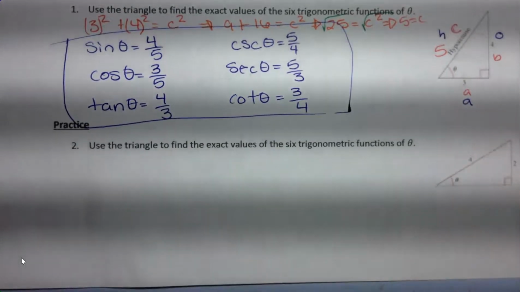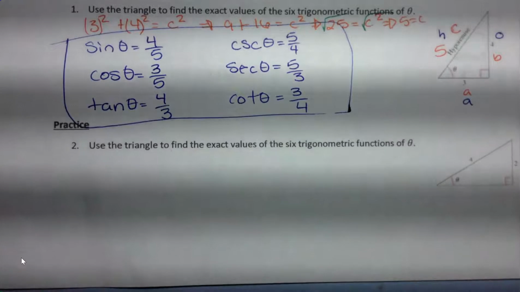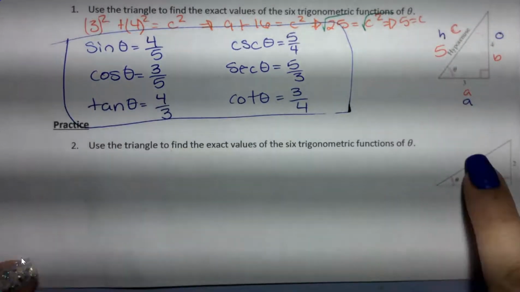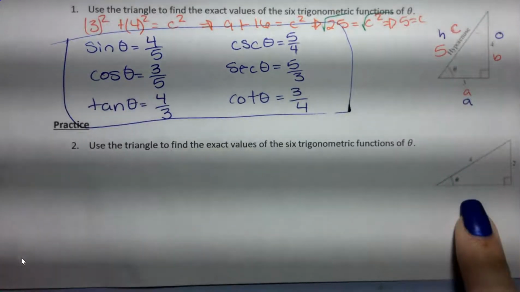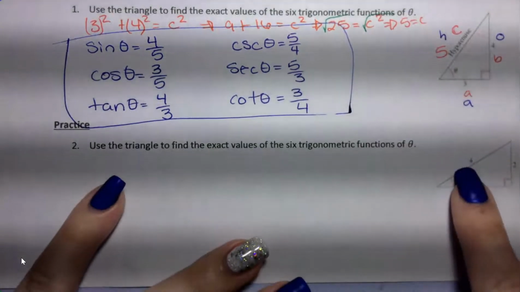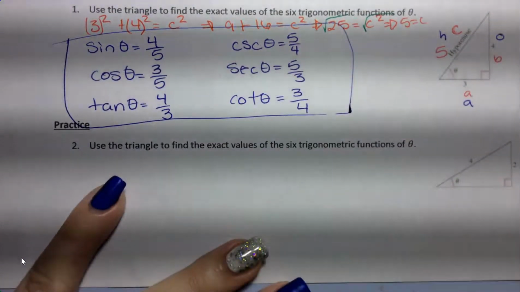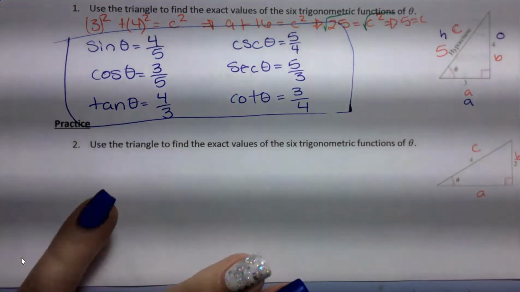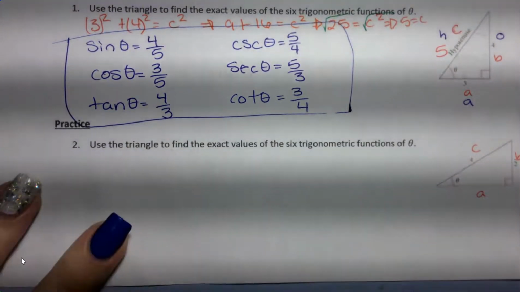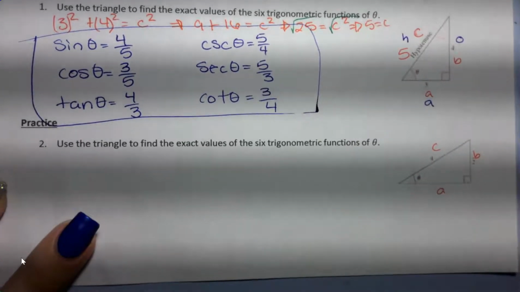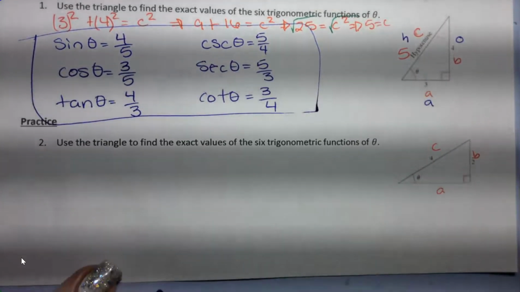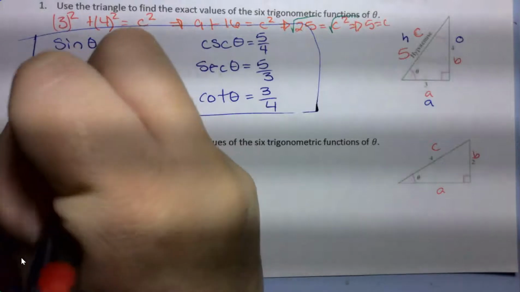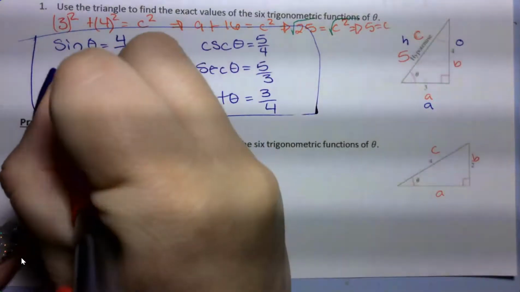So number 2, oh good, my triangle's still on here. I, again, have 2 of my sides labeled, and I need to find my 3rd missing side length. In this one, I actually have my hypotenuse labeled. This is my C, and it doesn't matter what I make A and B. So I'm just going to make those 2 like that. And then I want to go ahead and plug into my Pythagorean theorem. So this time my A is the letter I don't know.